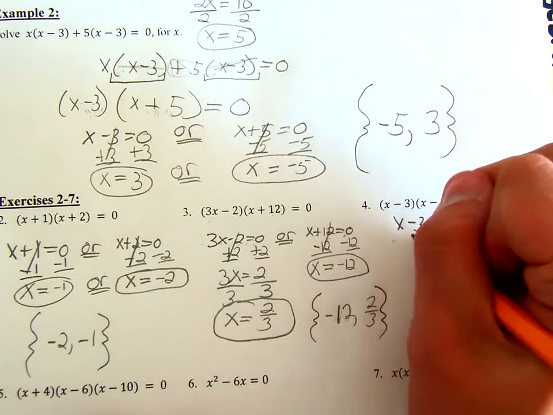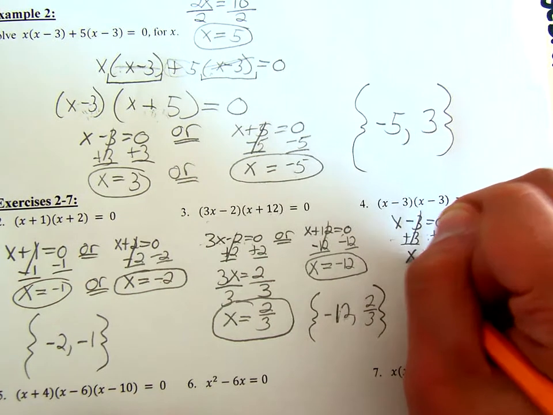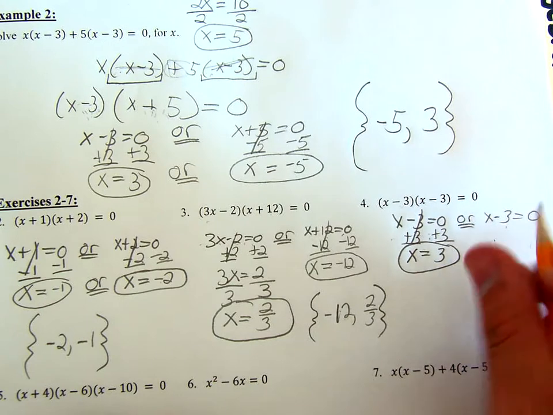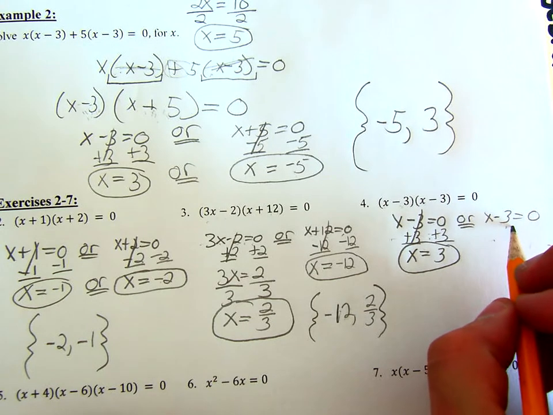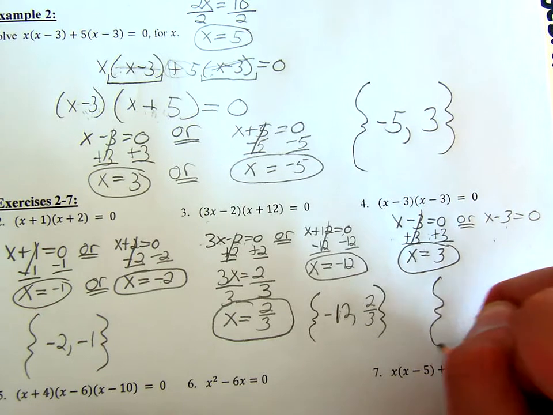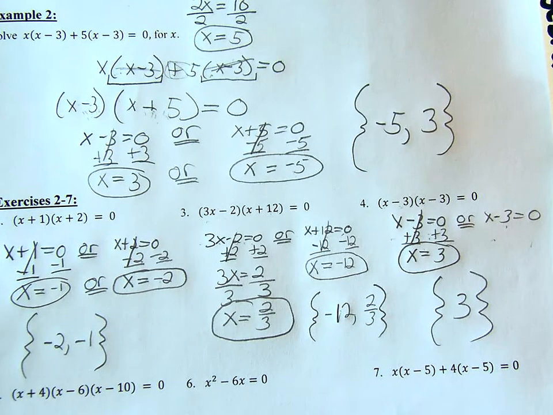If we add 3 to both sides, we get that x is equal to 3. And that's our only solution, because for the other one, x would also equal 3. So in set notation, we just put 3 in our curly brackets. That is our solution to our equation.